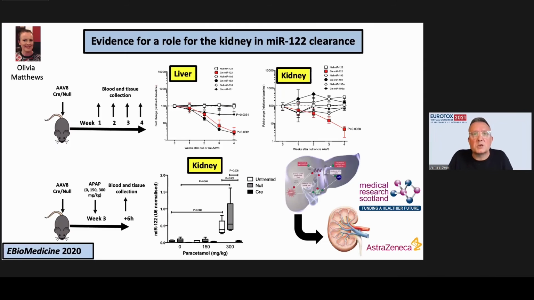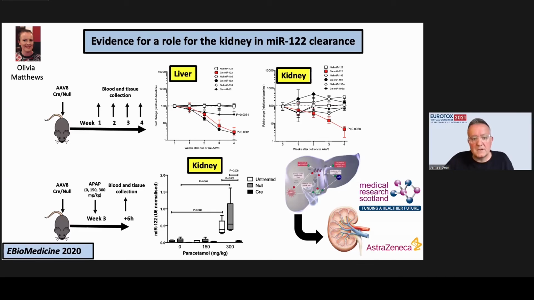Now, before I finish, I'd just like to wrap up with a little bit of preclinical science we've been doing. And that is looking at where MIR-122 goes after it's released. Because we know that MIR-122 is released in huge amounts from the liver when it's injured. And we know that microRNAs can be taken up by other cells and can affect gene expression in other cells.